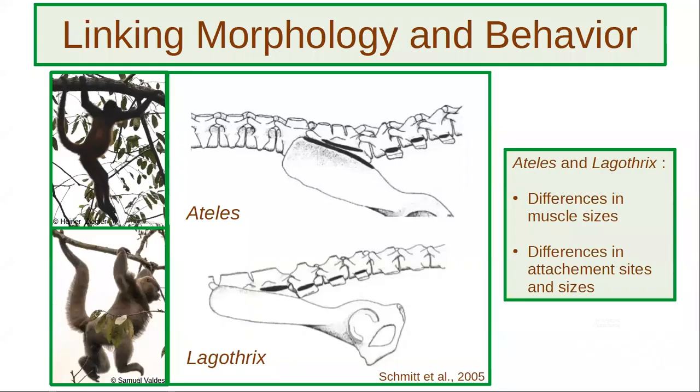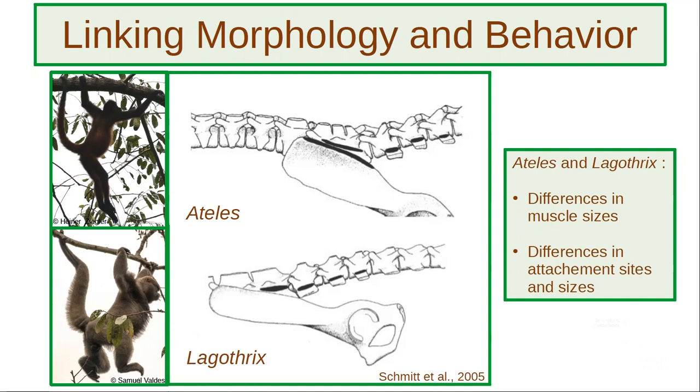And this question doesn't come from nowhere. It's on New World primates, for which we have the most behavioral data. What has been shown, for example, here, you've got Ateles, which is a species that relies really heavily on its prehensile tail, and comparatively, Lagothrix, which is a close relative, doesn't use it as often and as well, so to say.